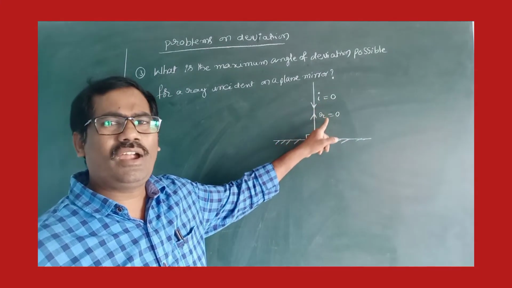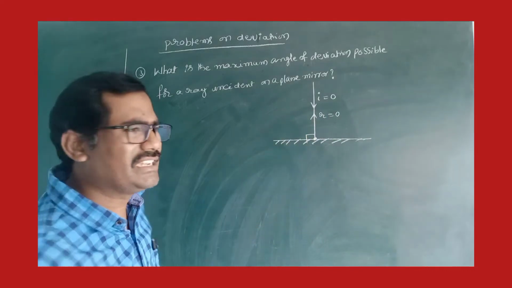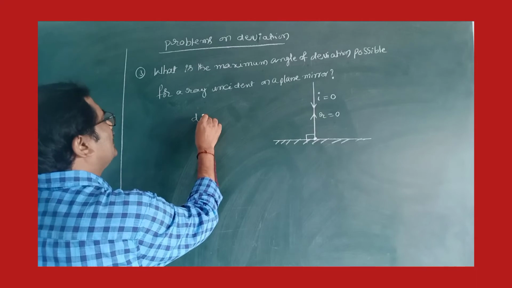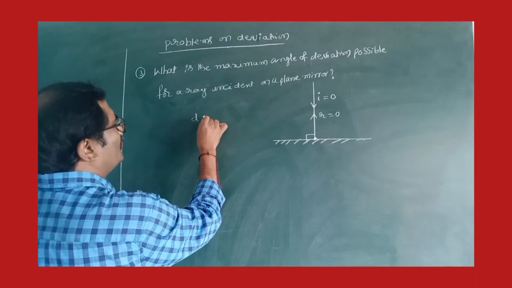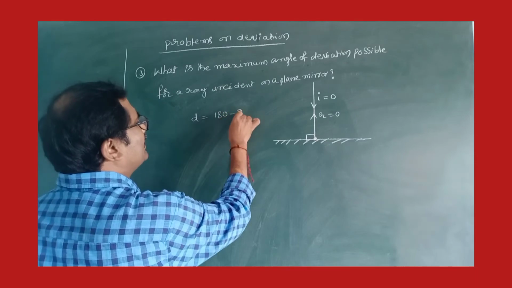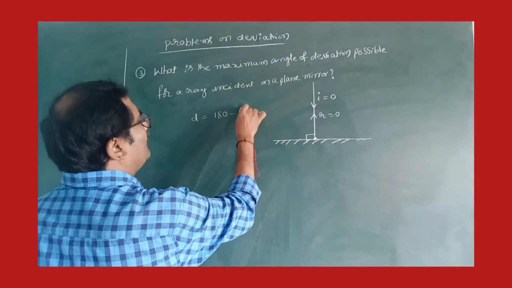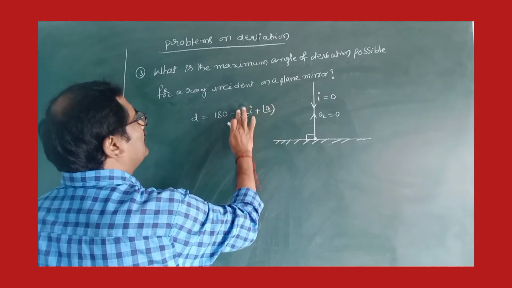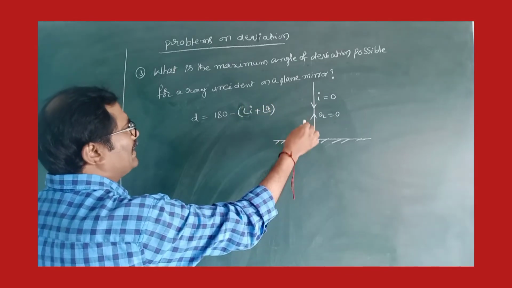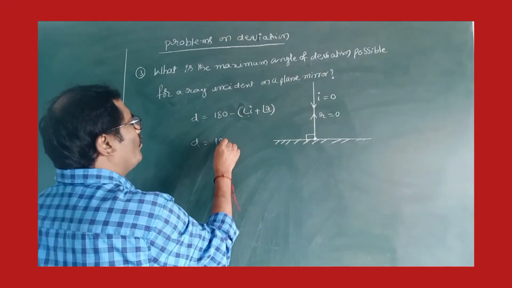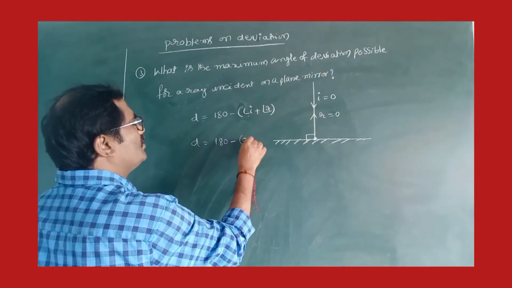Now what is the angle of deviation? D is the maximum value. D is equal to 180 minus the sum of angle i plus angle r. Angle i is 0, so D is equal to 180 minus 0 plus 0.